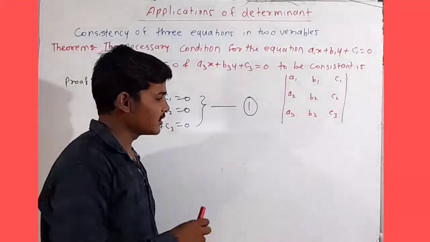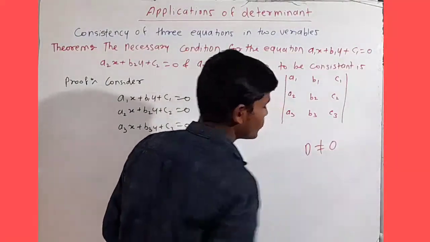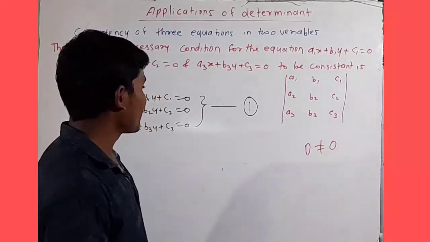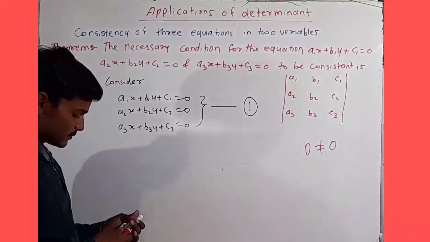What necessary condition? The determinant is not equal to 0. Then what can we do? We can apply Cramer's rule on these equations.